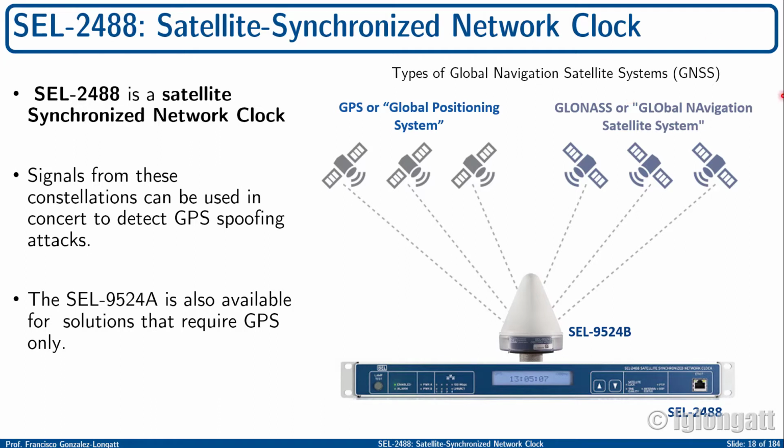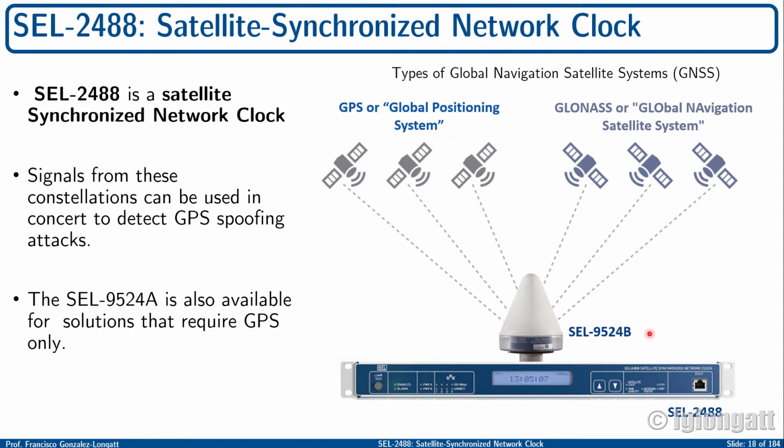Of course, this SEL-2488 requires an antenna, and SEL provides a very sensitive and very powerful antenna, and that is the SEL-9524B. That is basically an antenna with very good sensitivity to receive the satellite signals and send those signals using a cable to the very precise SEL-2488.